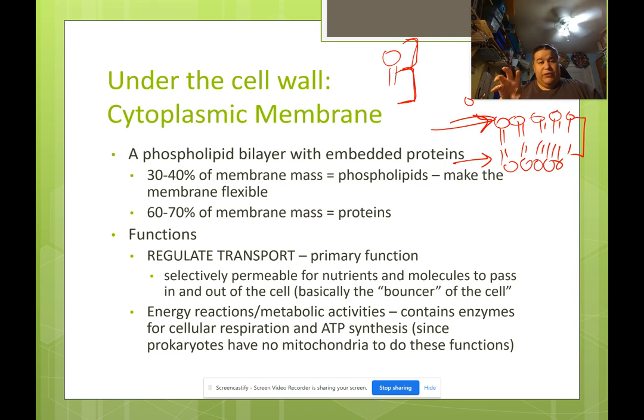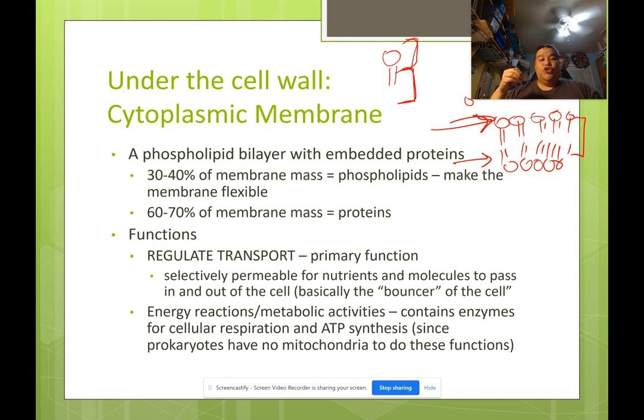This phospholipid bilayer is kind of like a bouncer to the cell. The tails, remember, do not like water, which means they don't like anything that has charge to it. So if you have charge and you try to get past, the tails are going to go, I don't like you, and they're not going to let you pass.